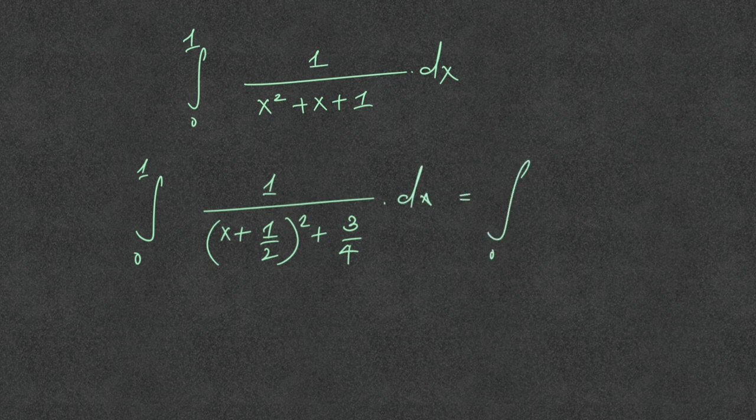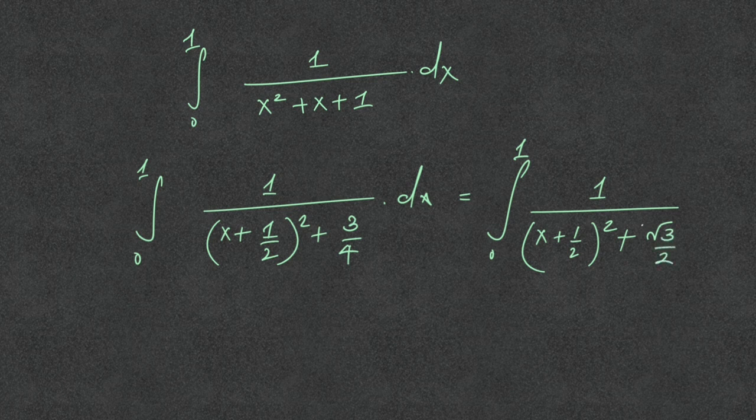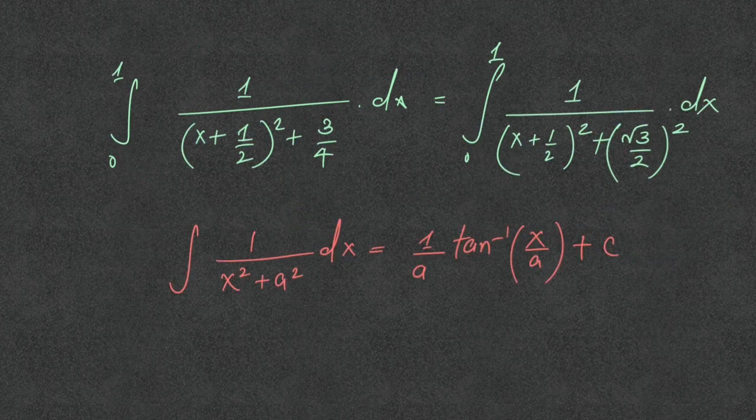If I rewrite it again, I can write this as integral from 0 to 1 of 1 upon x plus 1 by 2 whole square plus, instead of 3 by 4, we write under root 3 by 2 whole square, into dx. Since we know that the integration of 1 upon x square plus a square with dx is equal to 1 upon a tan inverse of x by a plus c.